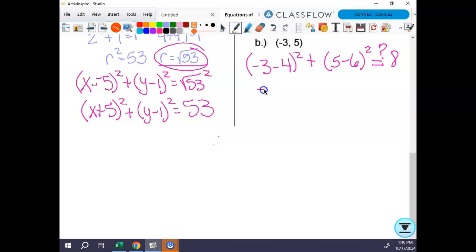Well, this would be negative 7 squared plus negative 1 squared. Does that equal 8? And can you figure out if it equals 8 or not before you even finish? Yes. So this is a no, and you don't have to always go and finish the entire thing if you can figure it out along the way. Okay? What questions do you have?